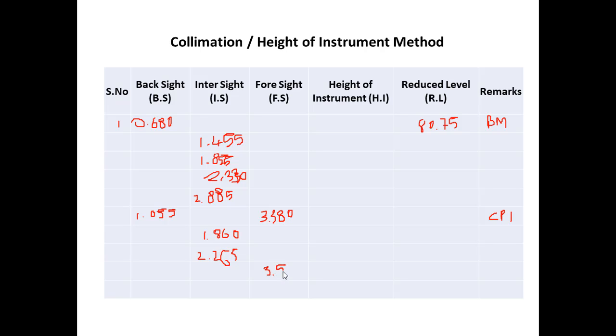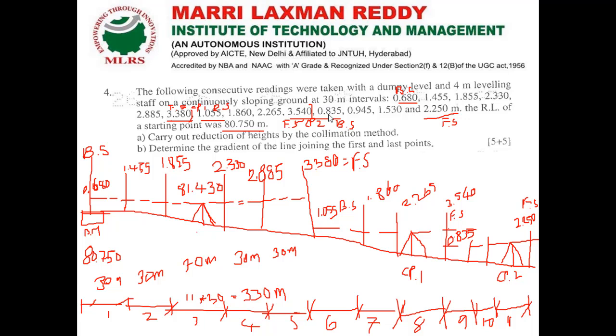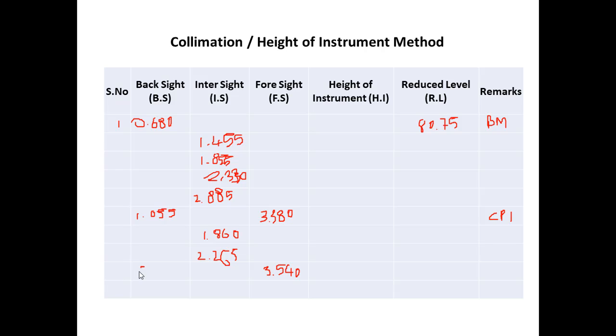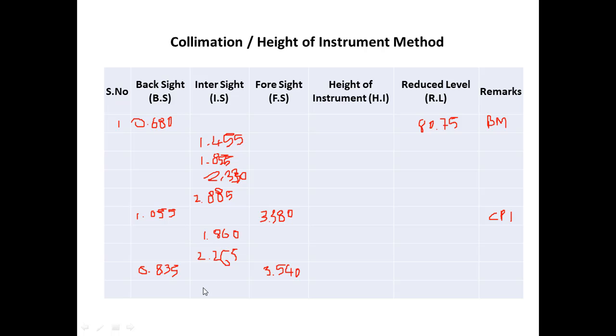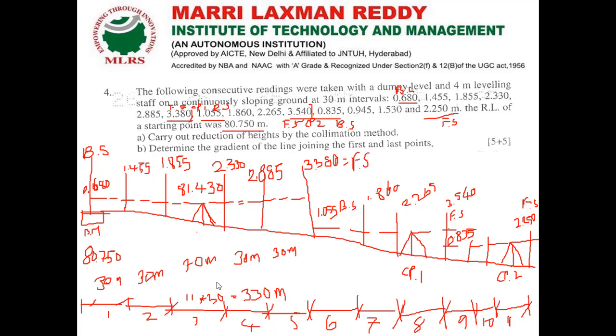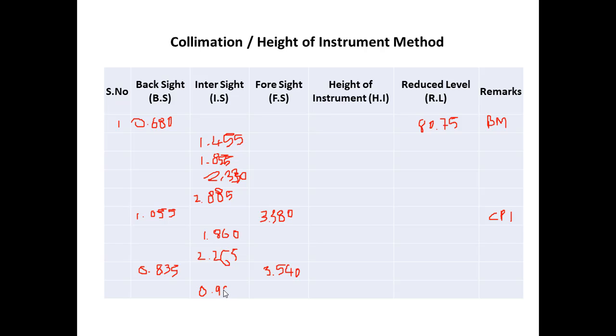3.540, which is at foresight. Next to that 0.835, this can be written in backsight. After that 0.945 should be written in intersight.